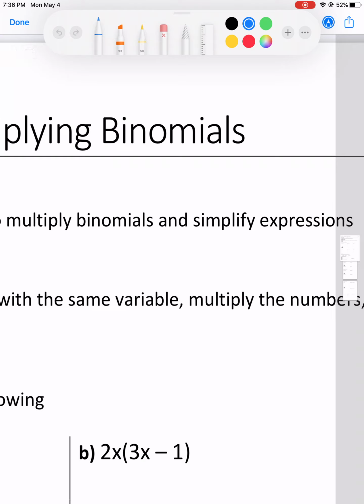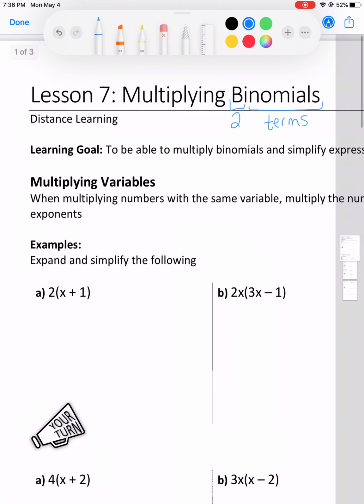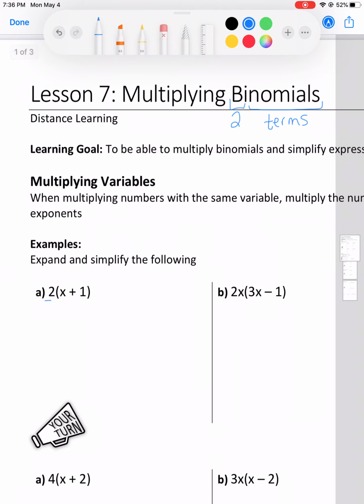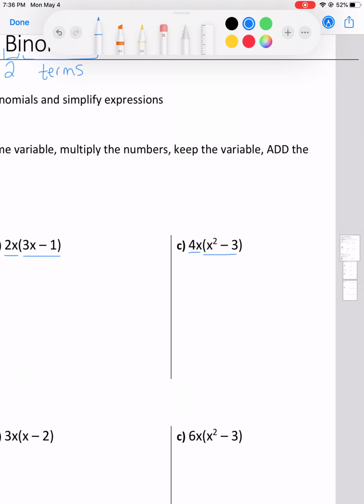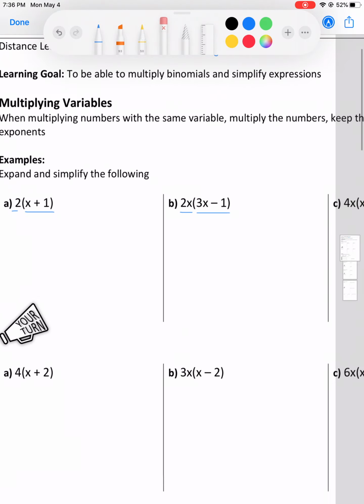Okay, so bi means 2, and then nomial is terms. So if you were to look at all of these, this is 2 terms. Like that's a term and that's a term. That's a term and that's a term. That's a term and that's a term. Okay, and it's going to be quite consistent. So we're going to learn how to multiply binomials.